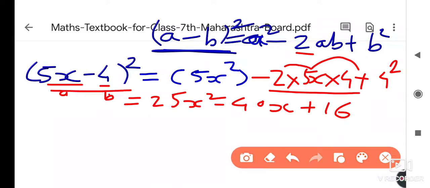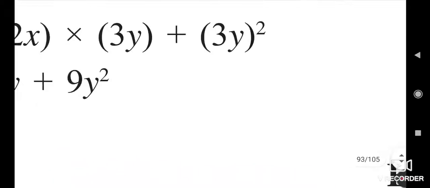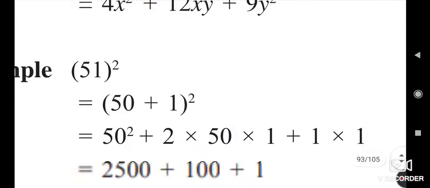So the expansion of (5x minus 4) whole square is 25x square minus 40x plus 16. Okay, in this way we have to find the expanded form. After this, let's see the next example, where we have to find the square of 51.